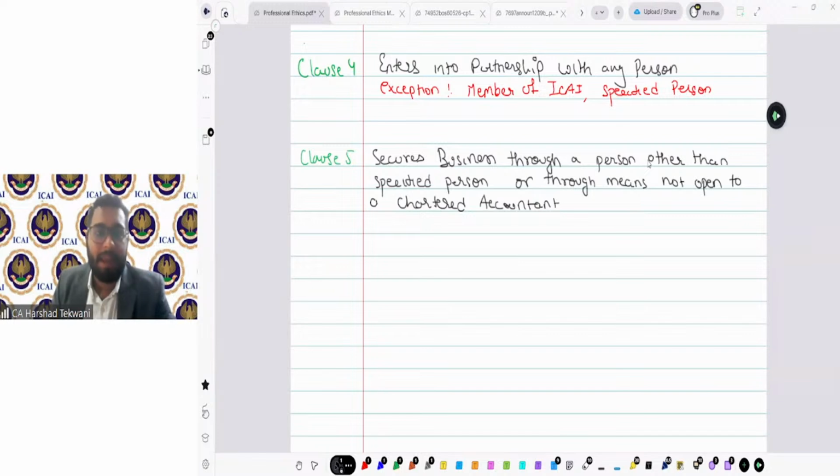Now, exceptions are again present. The exception is that any arrangement specified in clauses 2, 3, and 4 with a specified person, which is permissible under those clauses, is fine.